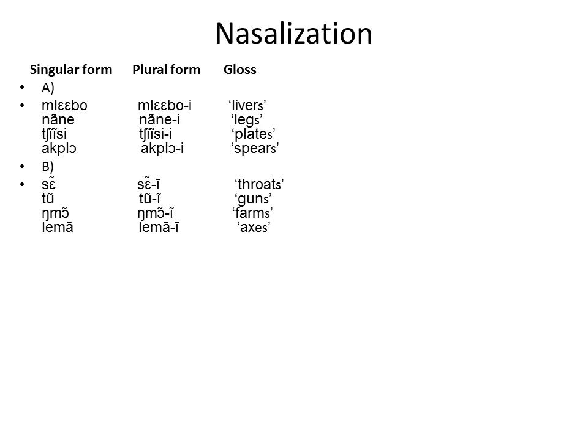In the data in A, the plural suffix is an oral vowel. However, in the data in B, the plural suffix is a nasal vowel. When the vowel of the suffix is preceded by an oral vowel, it is oral.